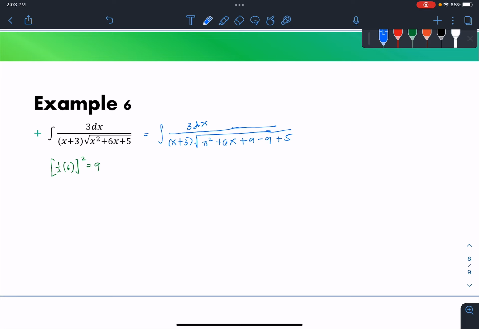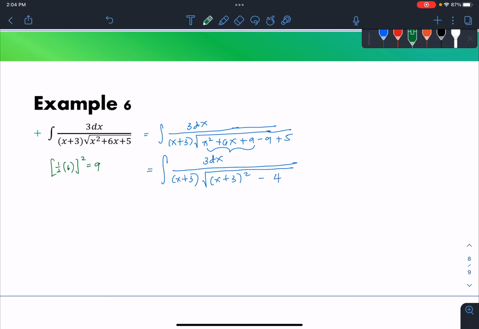So for 3 dx, we'll have x plus 3, the square root of (x plus 3) squared, so x squared plus 6x plus 9. And then minus 9 plus 5, that would be minus 4.